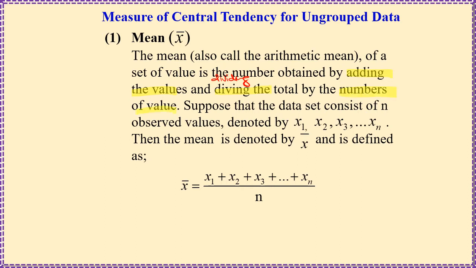Suppose that the data set consists of n observed values, denoted by x1, x2, x3 up to xn. Then the mean x bar is defined as x1 plus x2 plus x3 and so on up to xn, divided by the number of observed values. So what we need to do is to find the average.